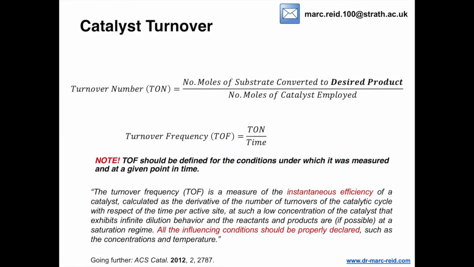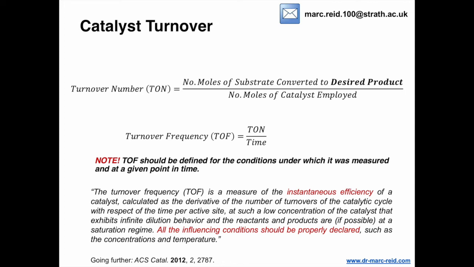The next characteristic detail of catalytic reactions we will discuss is the catalyst turnover. This can be defined with two key parameters. Firstly, turnover number, or TON, is the ratio of the number of moles of substrate converted to desired product divided by the number of moles of catalyst employed.